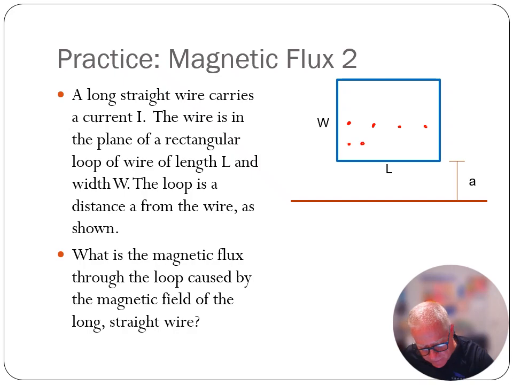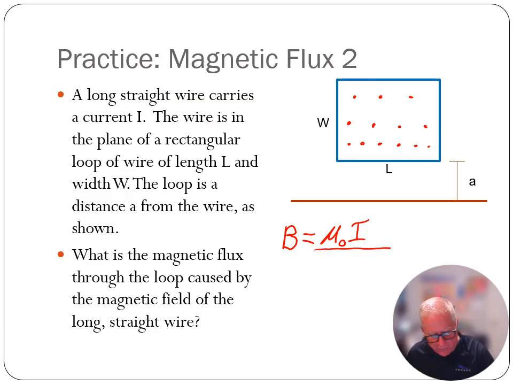But the magnetic field is getting weaker the farther away you get from the wire. In fact, the magnetic field produced by a long straight wire is equal to mu naught times I, where I is the current and mu naught is a constant of nature, divided by 2 pi times r, where r is the distance from the wire to where you're trying to measure that magnetic field.